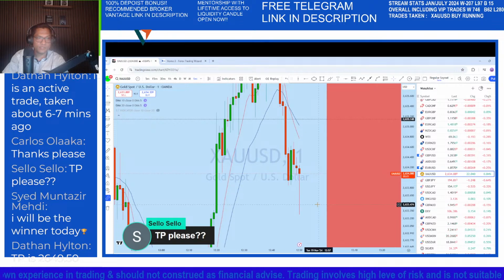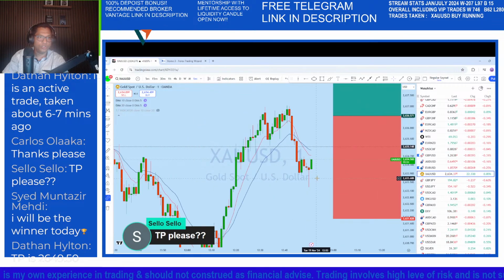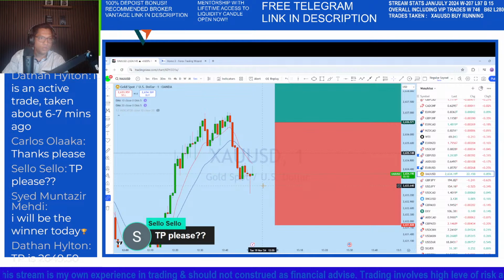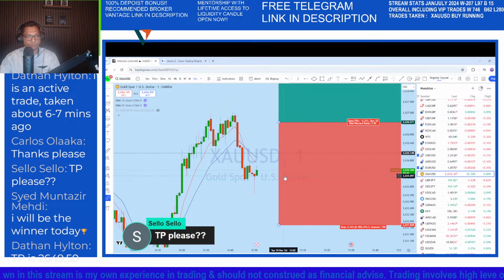Okay, now this candle is a 1 minute doji, which is, we see that there is a rejection. Now this rejection is continuing to the upside. We can expect for the market to move back in the major direction.